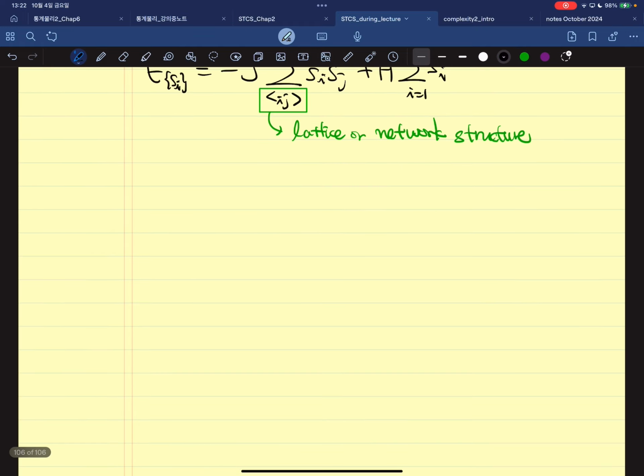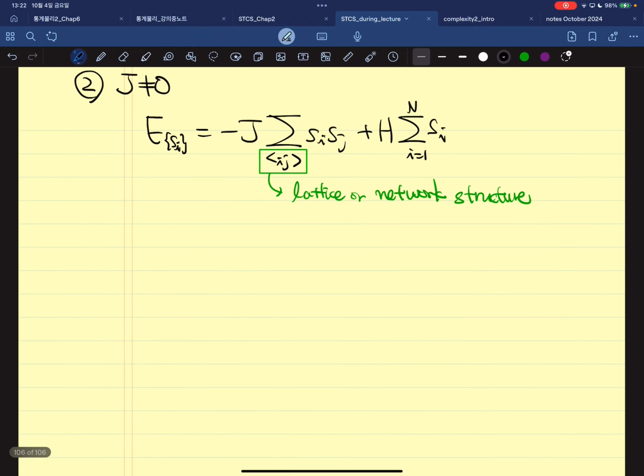Usually, when we talk about this non-zero J case, the most important or the simplest case would be, of course, we can actually set this external field as 0. Then it means that there's no external field.